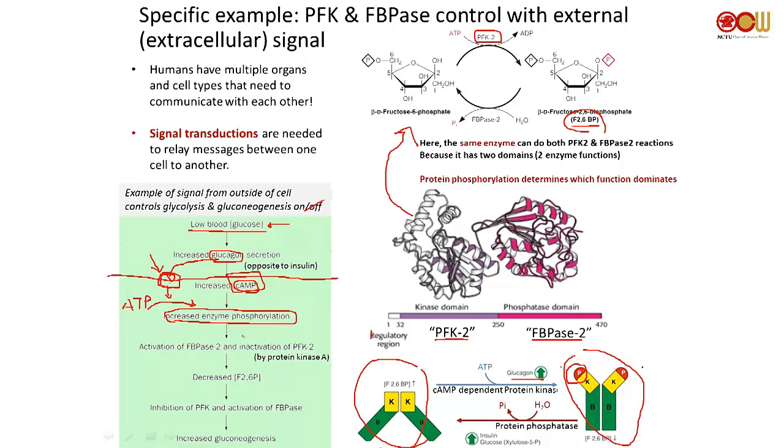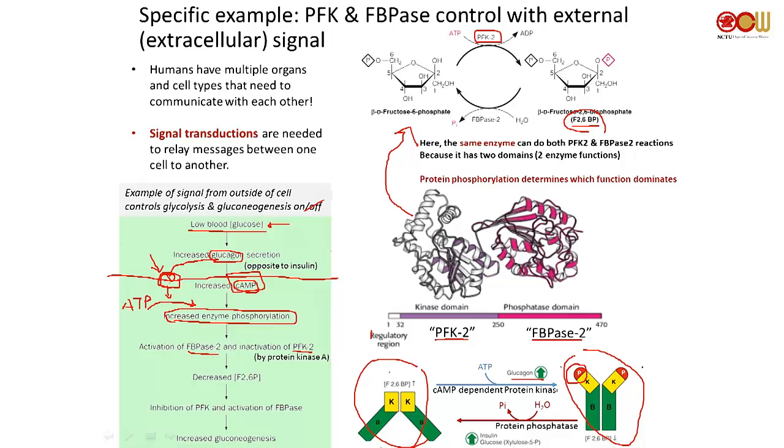And this phosphorylated version, okay, what this guy then can do is it activated FBPase. Okay, so this is FBPase, and it inactivated PFK2, which is this guy. Okay, so because you have a signaling molecule inside your blood that says, hey, I want to do some glucose making, okay?